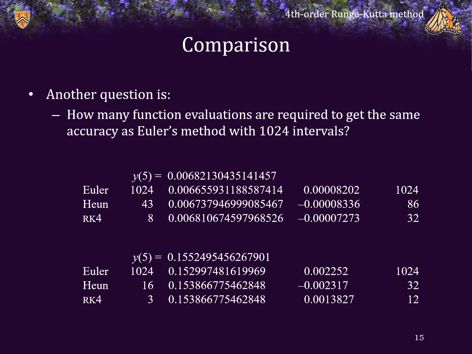And for 4th order Runge-Kutta, we actually only needed 3 intervals or 12 function evaluations to get the same accuracy, and in fact, better accuracy than Euler's method, with 330 times more function evaluations. All right, so we see that 4th order Runge-Kutta is actually very useful.